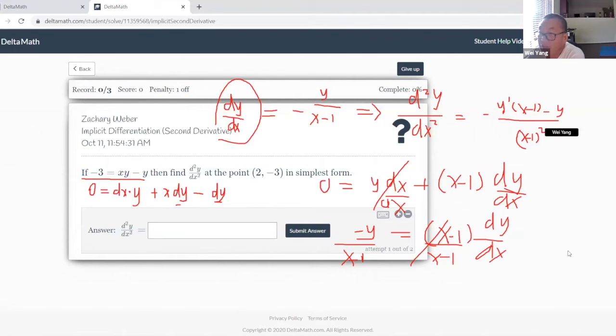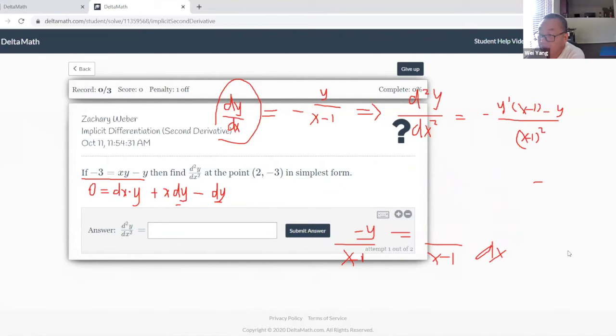Now let's simplify this. Here, because y is not the variable, it's a function, that's the reason when we take the derivative of y, we still write y derivative.